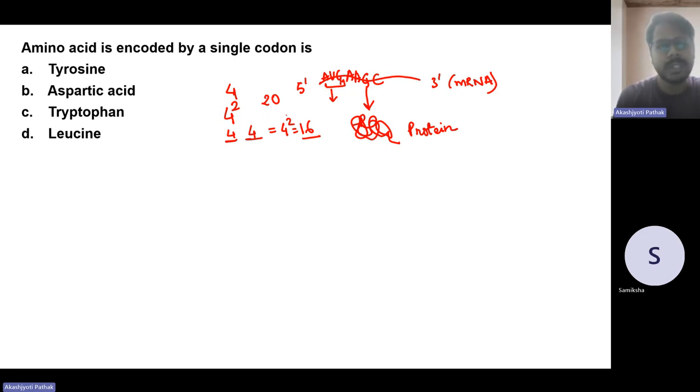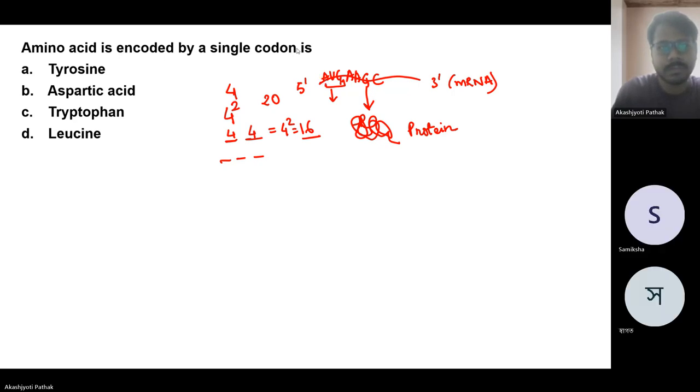So for the synthesis of 20 different amino acids, there has to be three. The genetic code has to be read in triplets. So in the first position, there can be any of the four nucleotides.